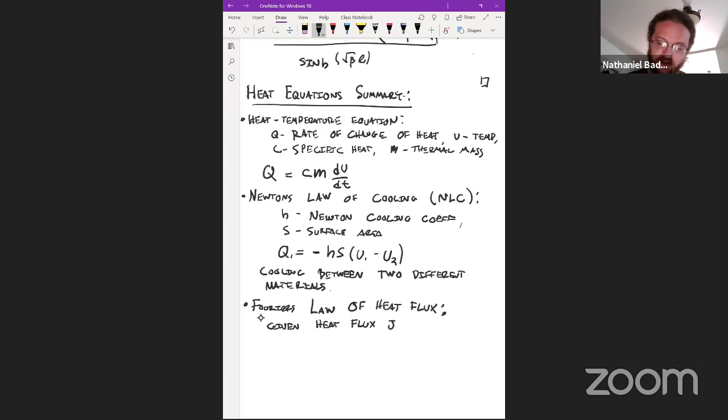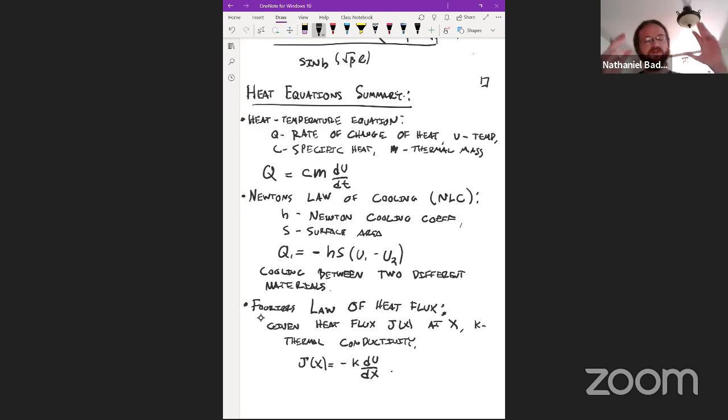So the heat flux, J of X, at X, K, the thermal conductivity. We had that J of X is minus K du dx. And so far, we've generally been using these to solve these bulk equations.